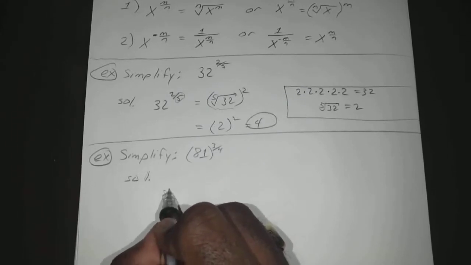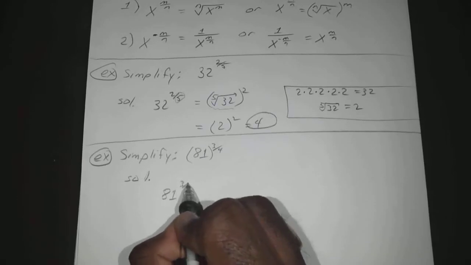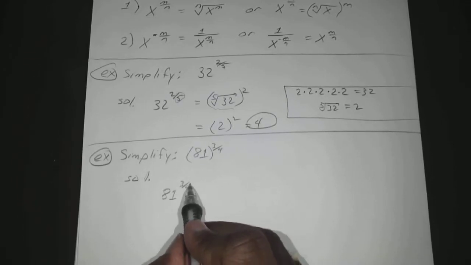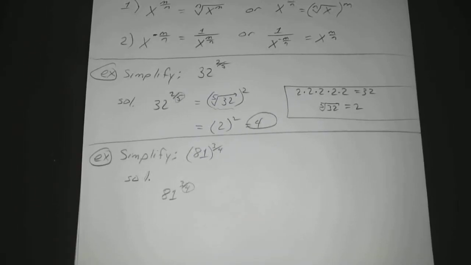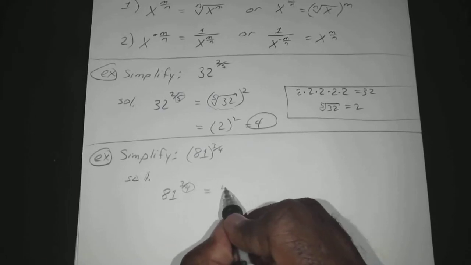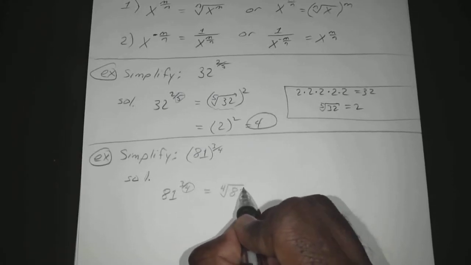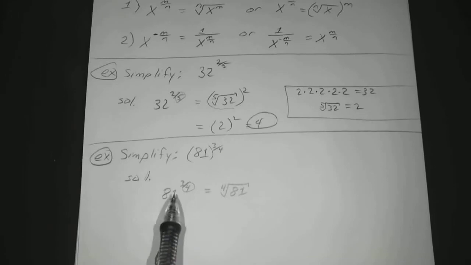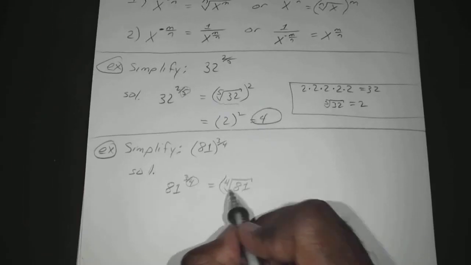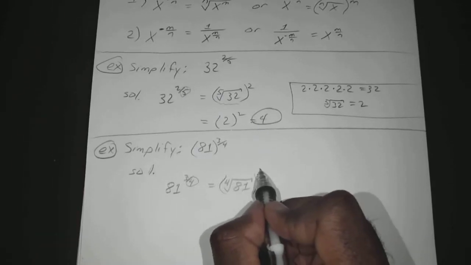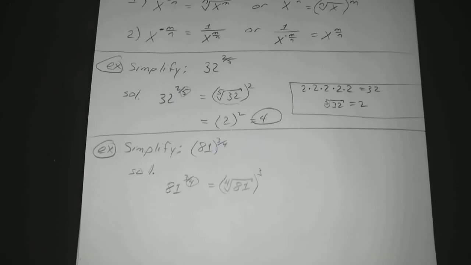We know that for our 81 to the 3/4 power, our denominator is always our index. So it's going to be the 4th root of 81, and our numerator gives us to the 3rd power.